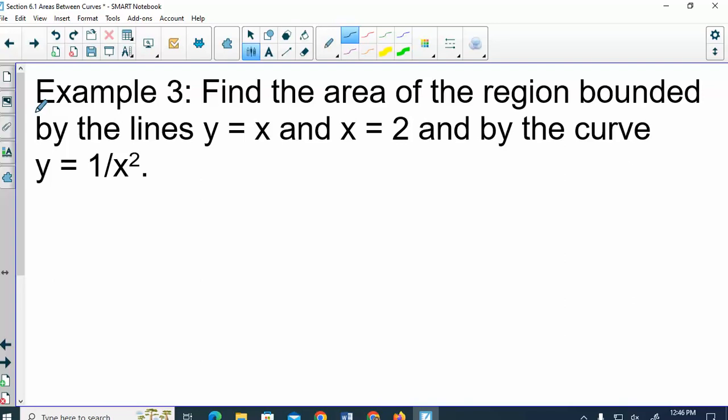All right, if I want the area of the region bounded by, and then I gave you 3 different lines. So what do you think we need to do? Graph.